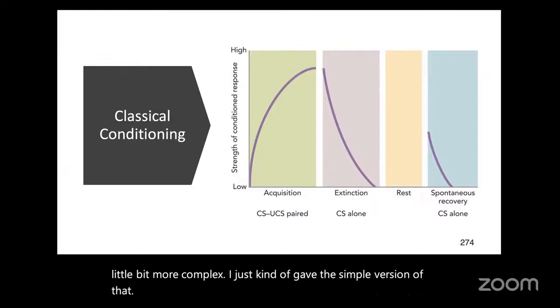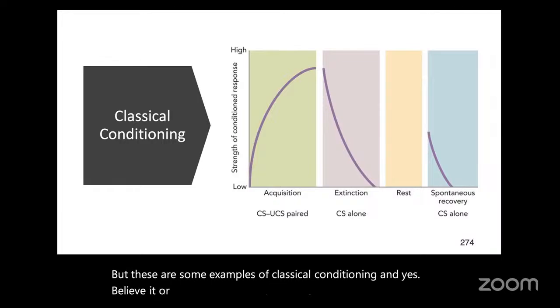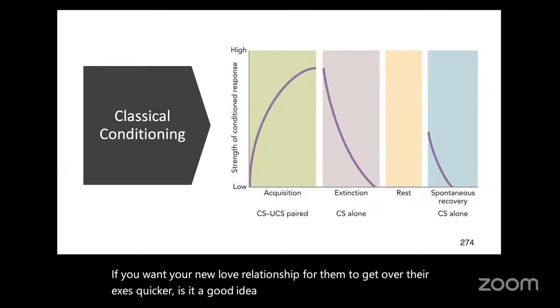But these are some examples of classical conditioning, and yes, believe it or not, if you want your new love relationship for them to get over their exes quicker, is it a good idea to rip up all of the pictures and everything else? No, it's actually not.